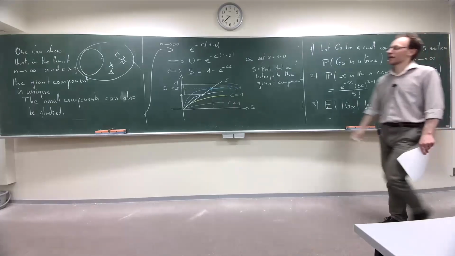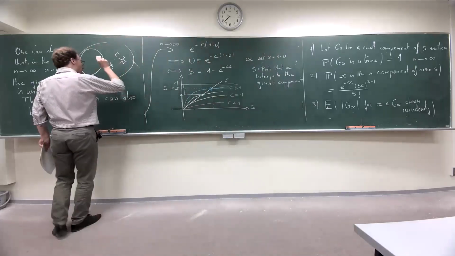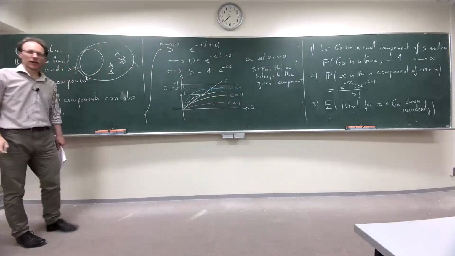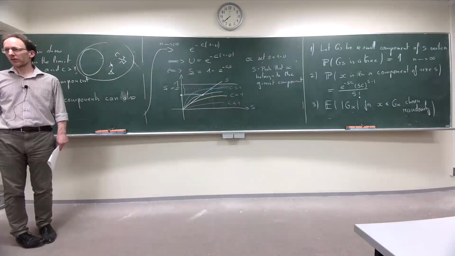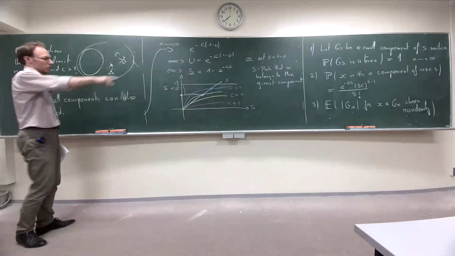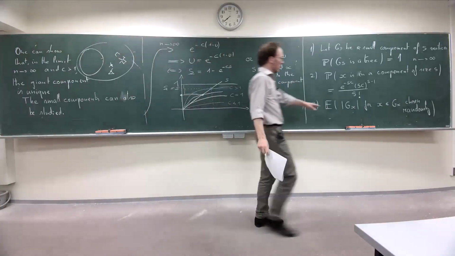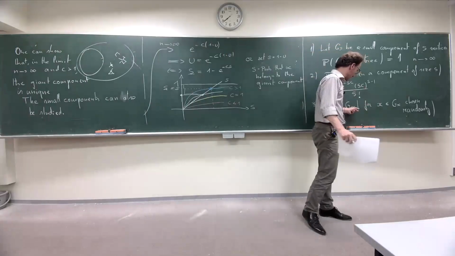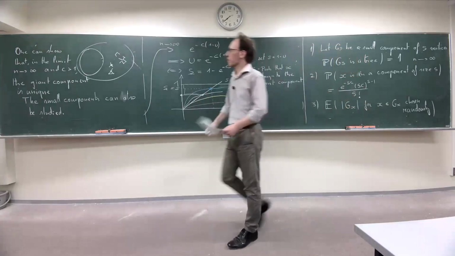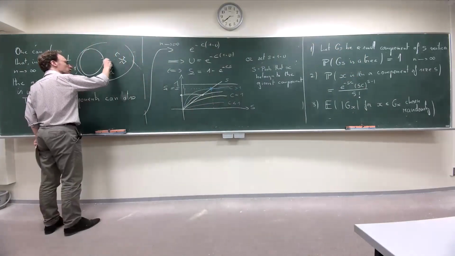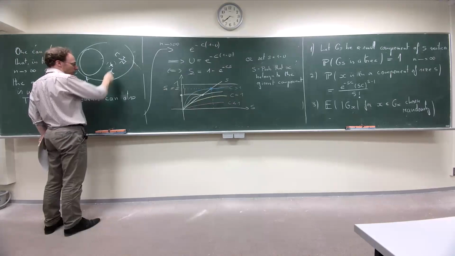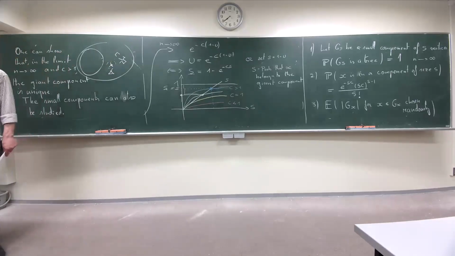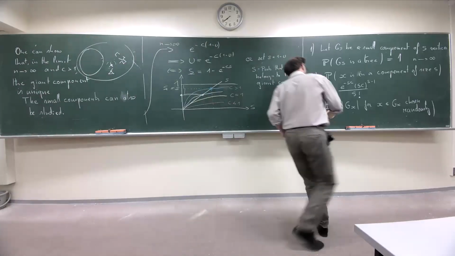Now, I computed the probability of being in one of size S. And now what is the average size of these components? So what is the average number of vertices for X belonging to this component chosen randomly? So again, you pick first X, you count the number of vertices of this component. Then you take a second one, you count, and then you do the average. It turned out that this can also be computed.